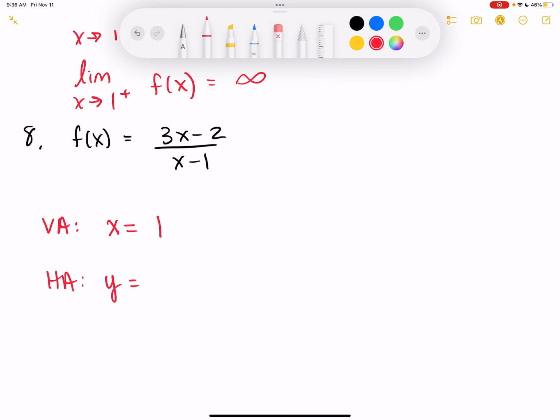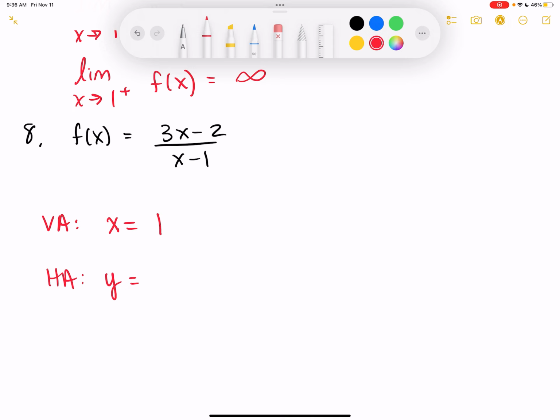All right, horizontal asymptote. What scenario do I have? They're the same degree. As a quick refresher, bigger on bottom is what? Equals 0. Right. If they are both the same, we use the coefficients, so y equals 3.